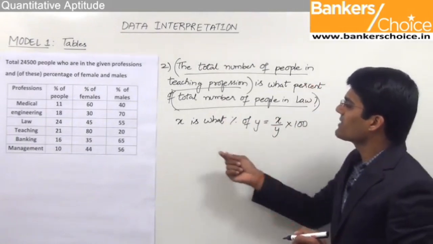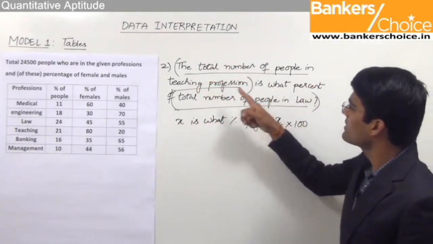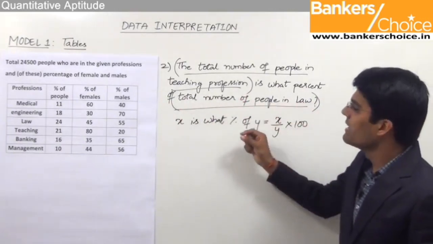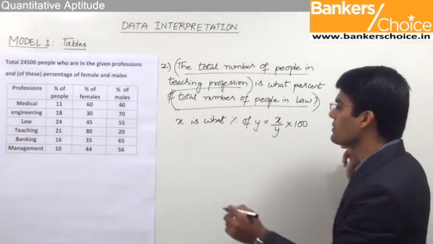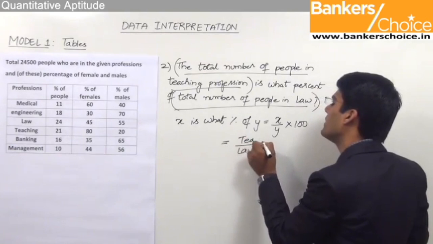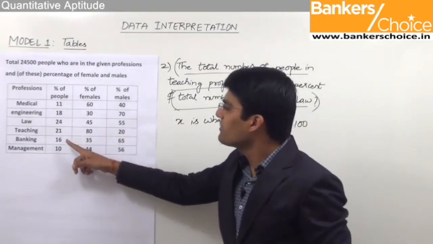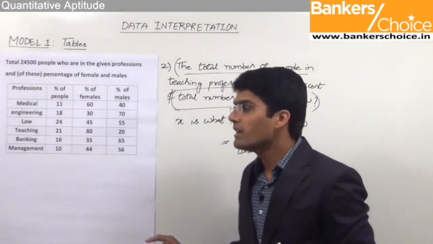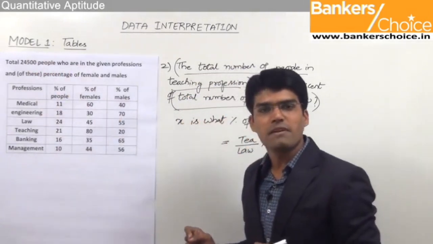Now with respect to this question, x is nothing but total number of people in teaching profession, and y is total number of people in law. So the answer should be taken as total number of people in teaching divided by total number of people in law into 100. Now if you observe the table here, number of people in teaching is 21% of 24,500 and number of people in law is 24% of 24,500.